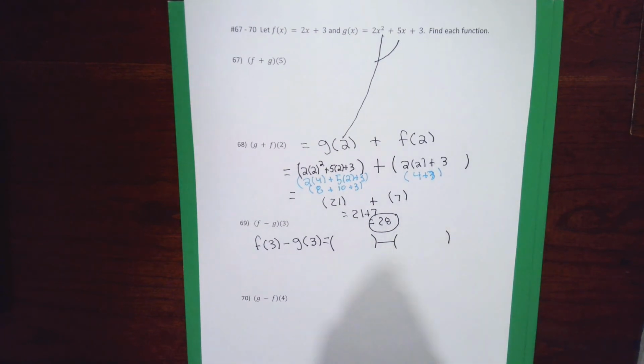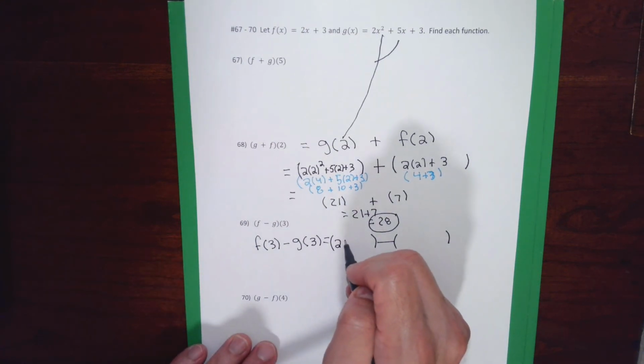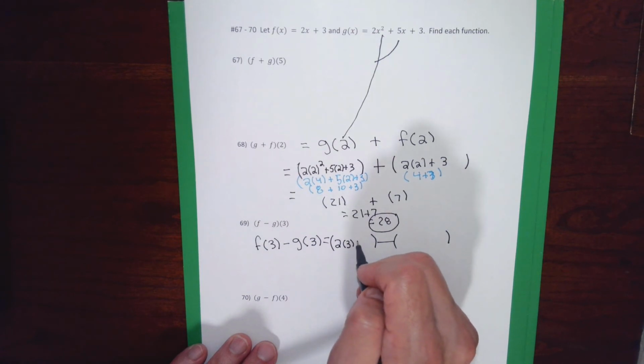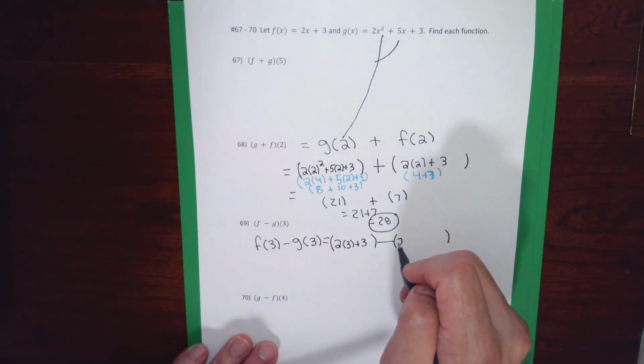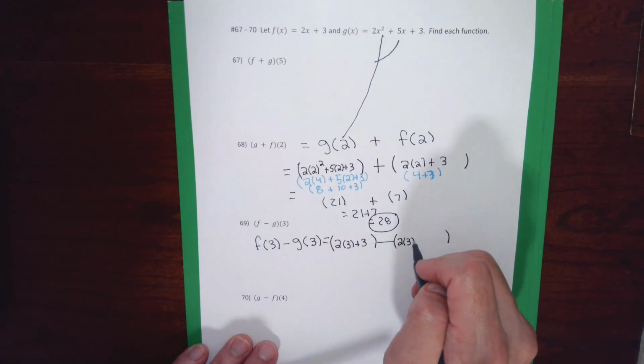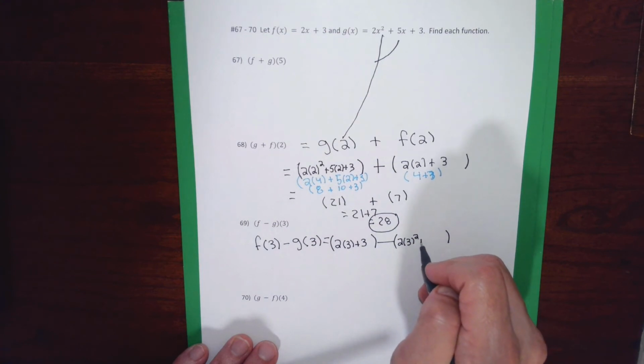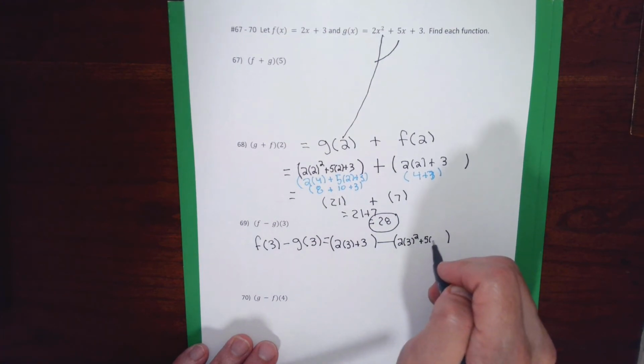I'm going to put a minus sign between two parentheses. In the first parentheses, instead of writing the f function how it's presented, I'm going to write the f function with the x changed to 3. In the second parentheses, instead of writing the g function how it's given to me, I'm going to write the g function with the x changed to 3.